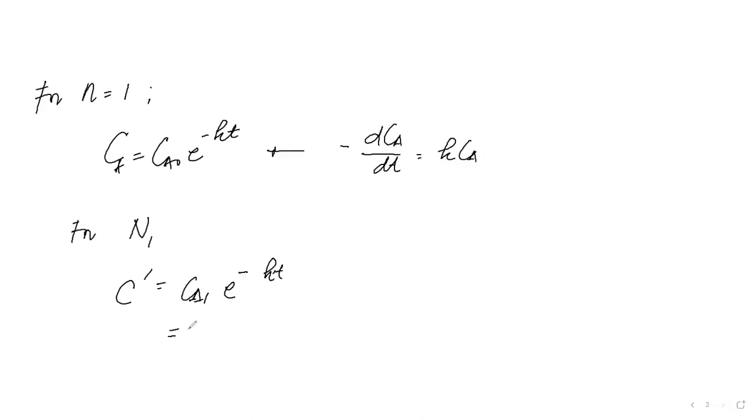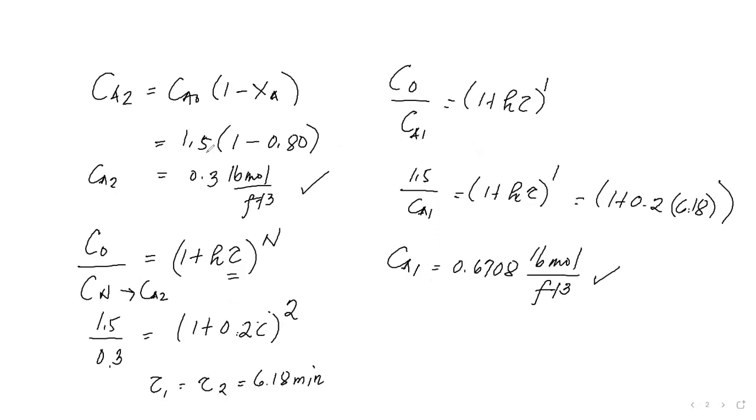So this would be 0.6708 e raised to negative 0.2 t. Our C double prime will have to start with an initial concentration of 0.3. This one, because this is our concentration leaving the last reactor for this particular degree of conversion.